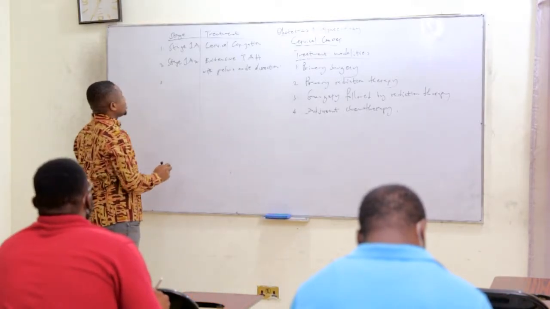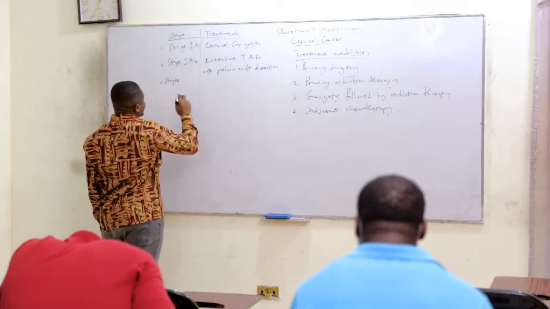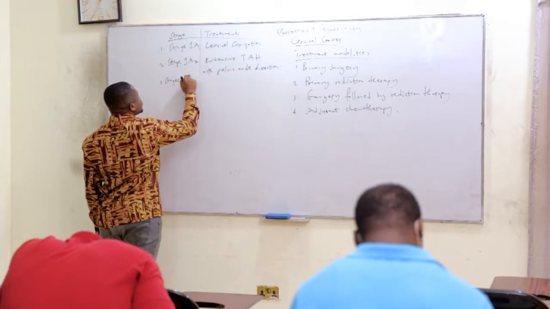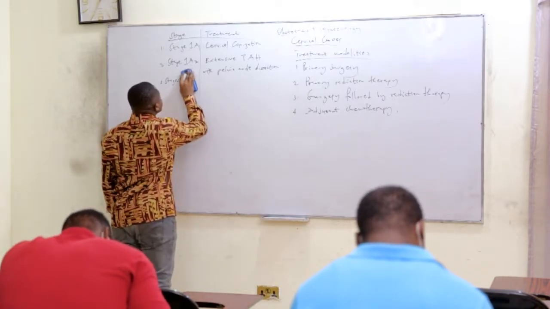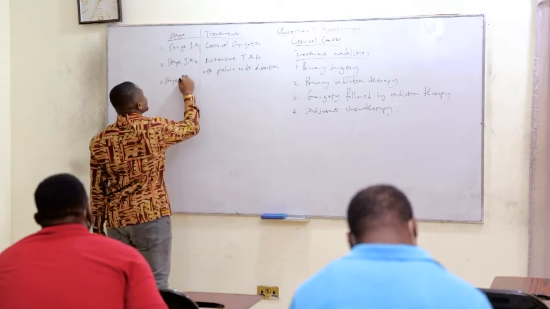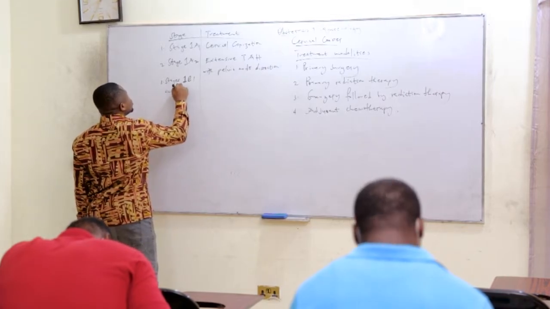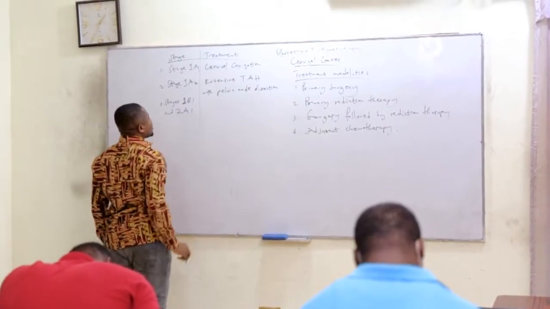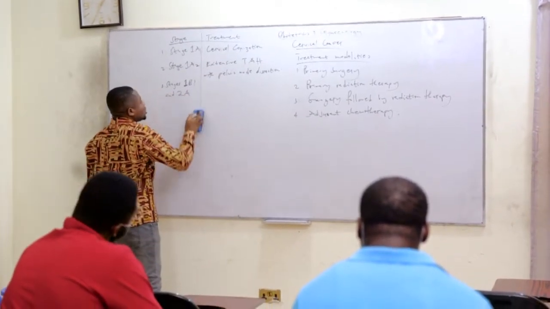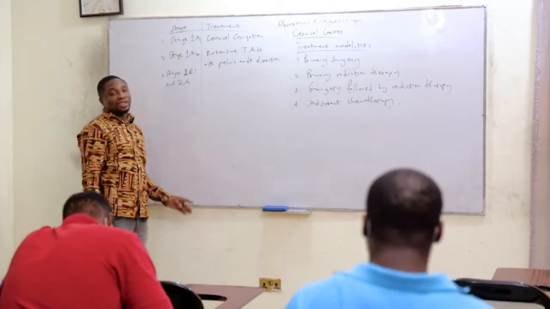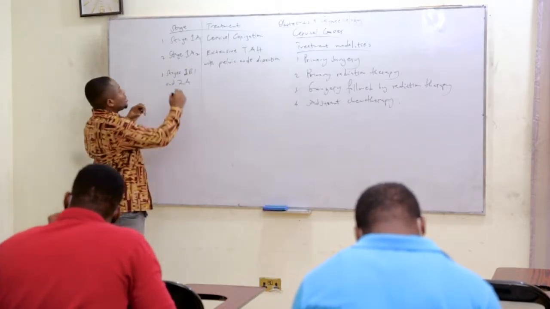The next one, stages 1B1 and 2A. For stage 2 we don't have A1, it's 2A and B. So stages 1B1 and 2A, what are we supposed to do?